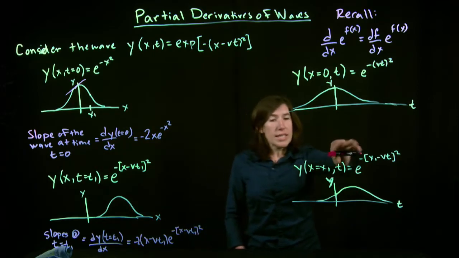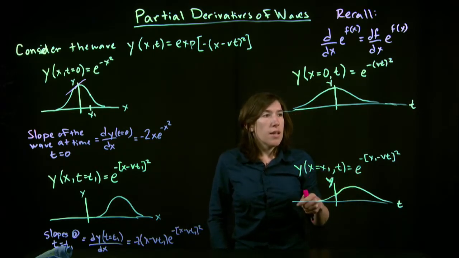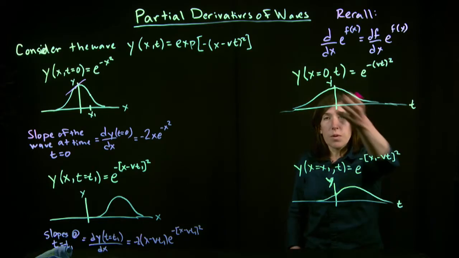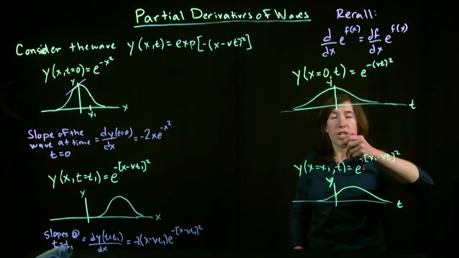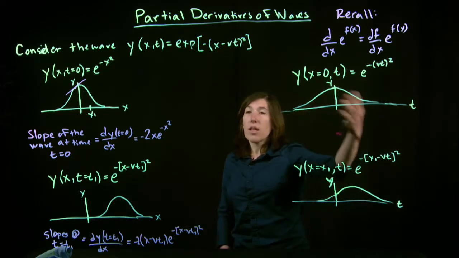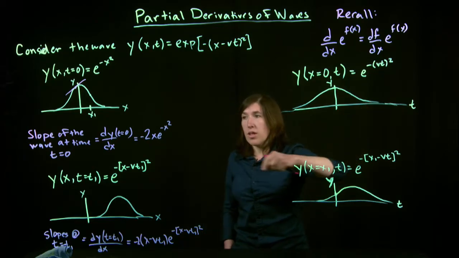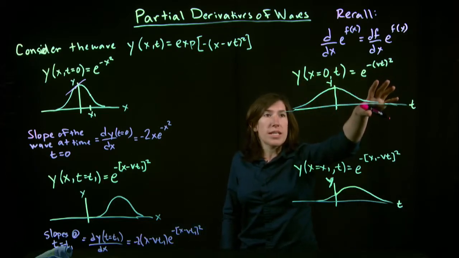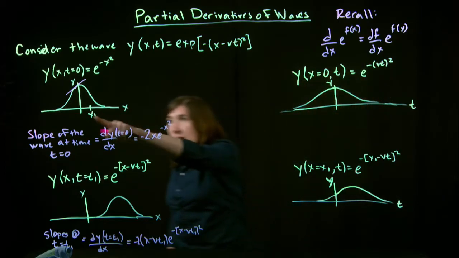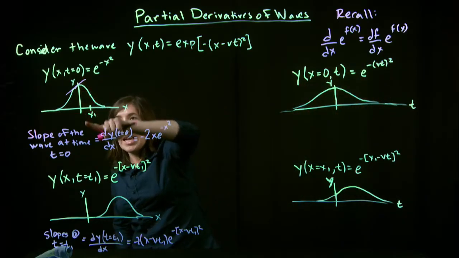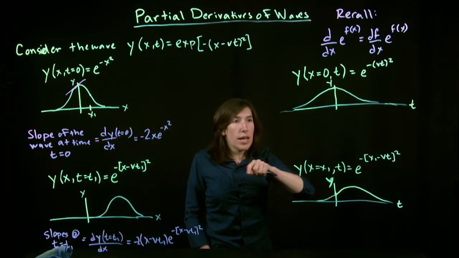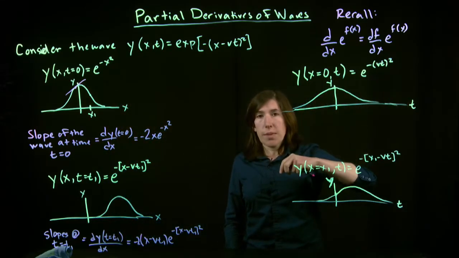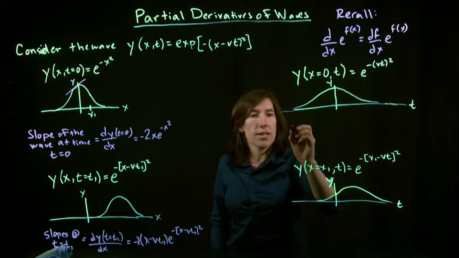And then over on this side in time, if we want to take the derivative of this function, this is going to tell us about the velocity of the particle, or the point on the string. So here we're considering, remember, only this point of the string at exactly x equals 0, and if we take the derivative of that with respect to time, that's going to give us the velocity.